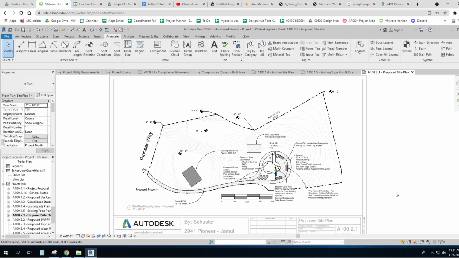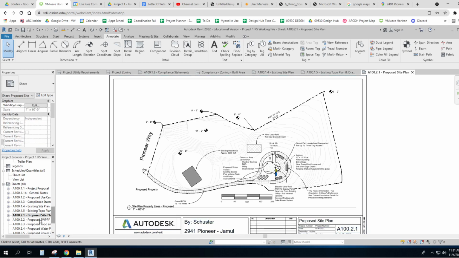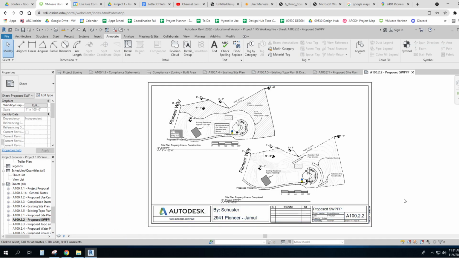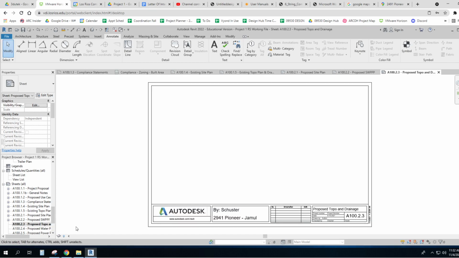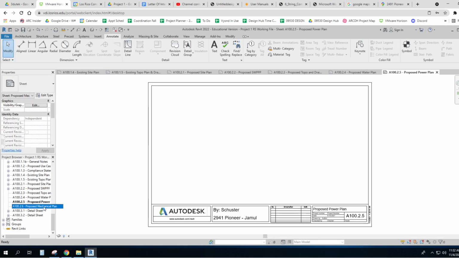So I just finished the stormwater prevention plan. I finished that one. Well, actually, I guess I didn't do the bottom right one. But after that one, as far as the proposed topo, I would say we're far enough along the week that I would just leave these ones blank right now, because we're not really doing a lot of retopoing.